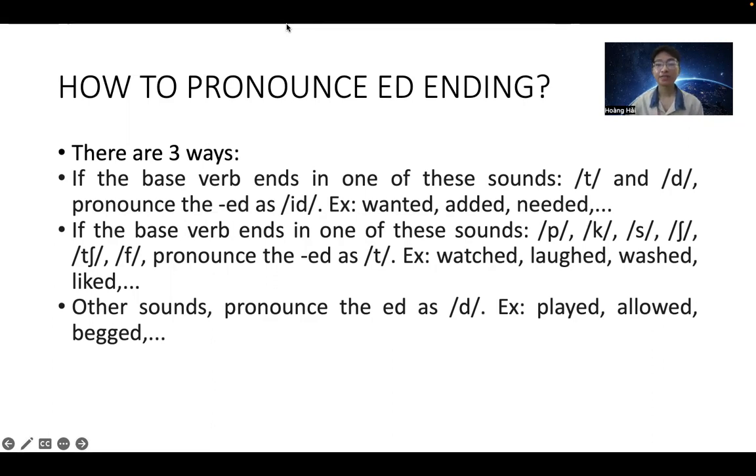Secondly, if the base verb ends with one of these sounds, p, k, s, sh, they will be pronounced as t. For example, watched, left, washed, liked. Other sounds pronounce the ed as d. For example, played, allowed, obeyed.